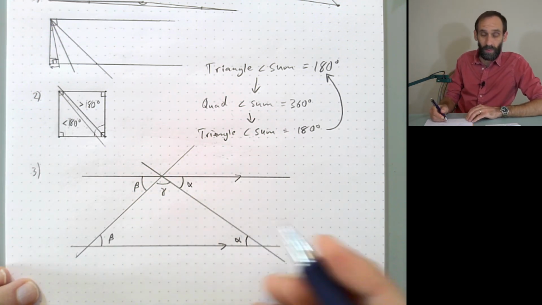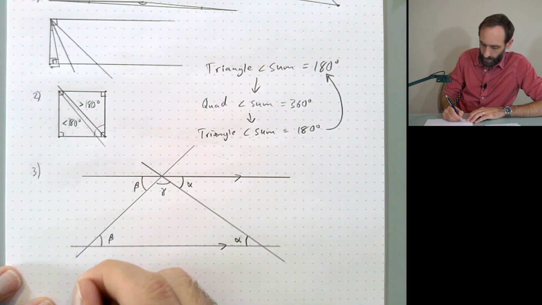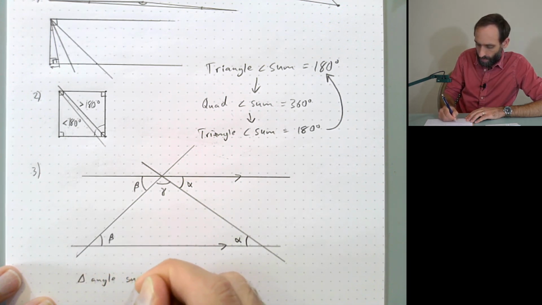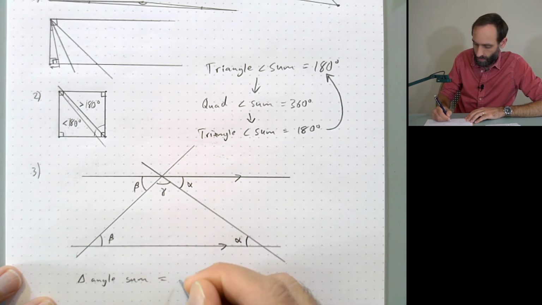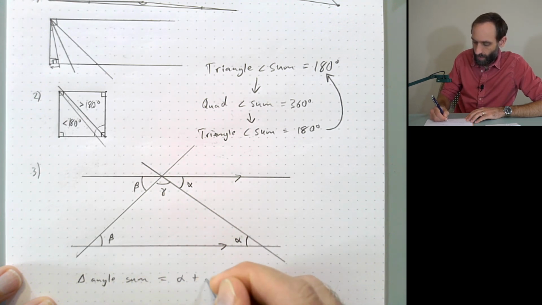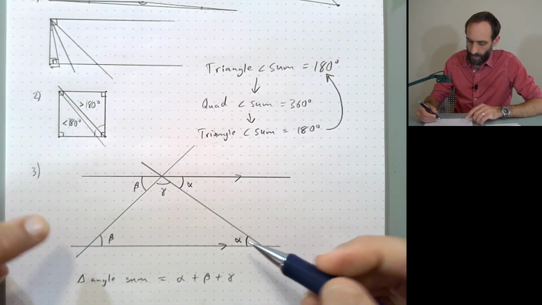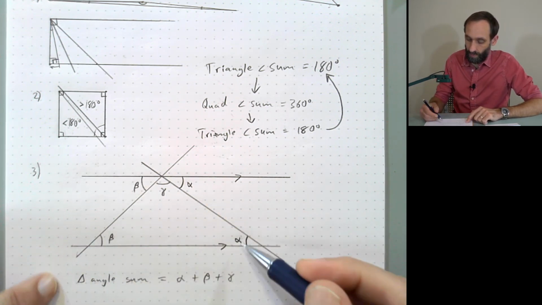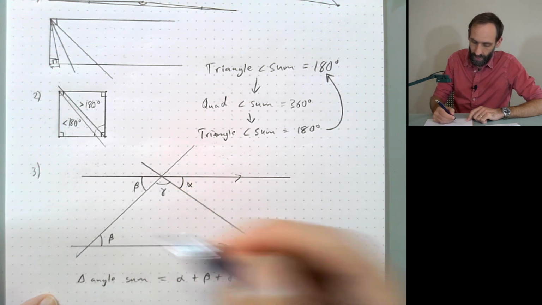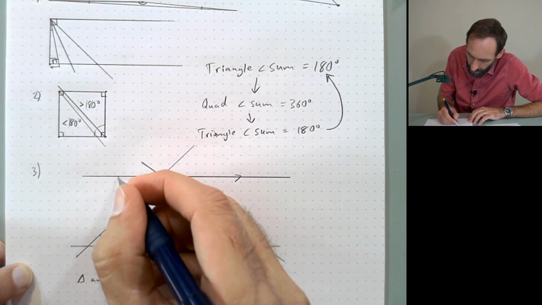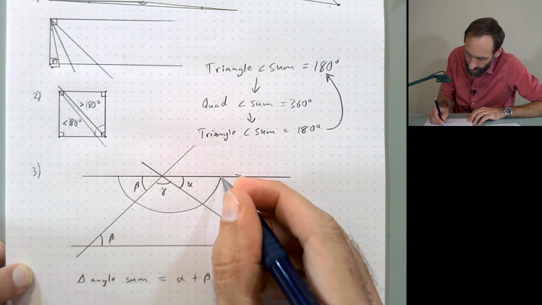Okay, so the angle sum of this triangle in this case is equal to alpha plus beta plus gamma. But this alpha is equal to this alpha, and this beta is equal to this beta, and beta plus gamma plus alpha, you can see here, add up to a straight line.